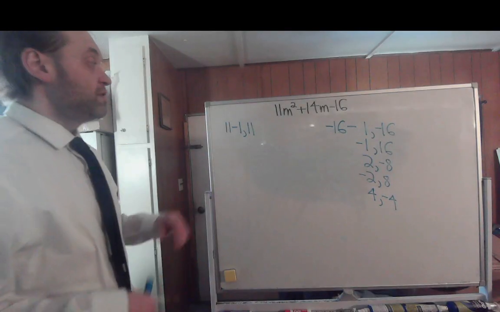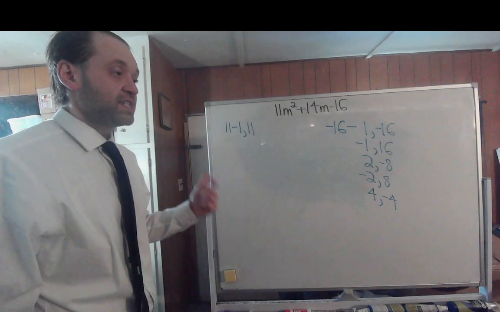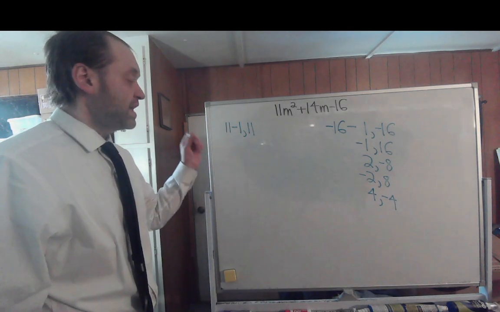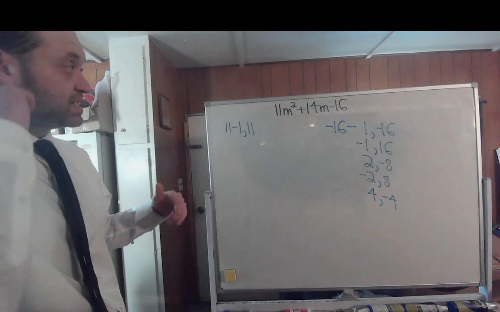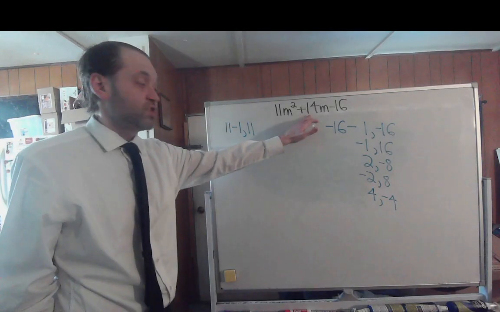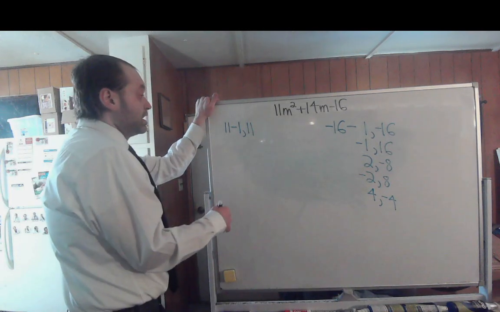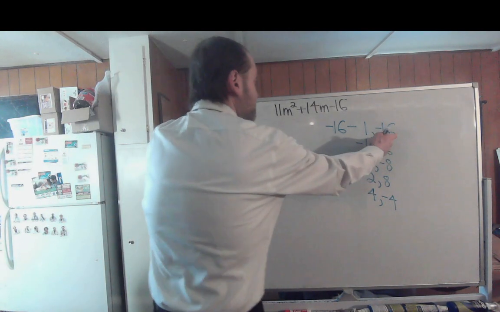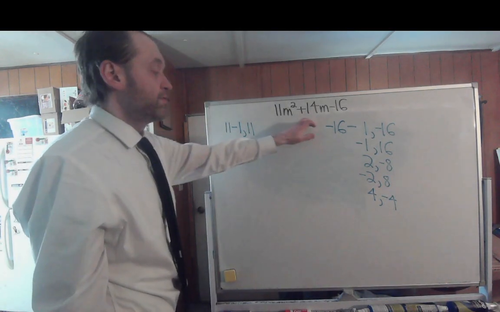So let's go ahead now, find one factor of 11 multiplied by a factor of negative 16 plus the other factor of 11 times the other factor of negative 16. See if it gives you a middle coefficient of positive 14. Alright, so 11 times negative 16 is going to be in the hundreds, so you're not going to land anywhere near 14.